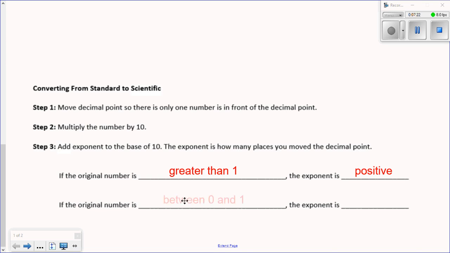If the original number is between 0 and 1, so it's a small number, and you're moving that decimal point to make it bigger, then the exponent will be negative. Okay? I know, you're going to have to practice with it, but if you make sure you pay attention to what's going on when you move the decimal point, you can work backwards here and try to see what's going on with the exponent.